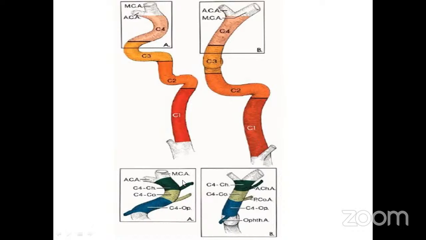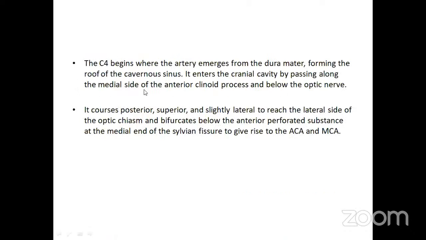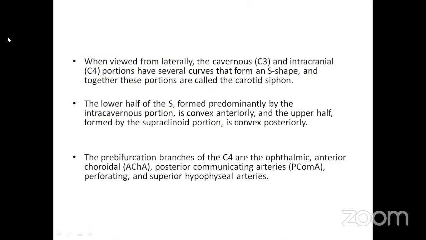The lower segment of this diagram we will further discuss in the future slides. So going forward, when we view these C3 and C4 segments laterally, they have curves that form an S shape, and together these portions are known as the carotid siphon.